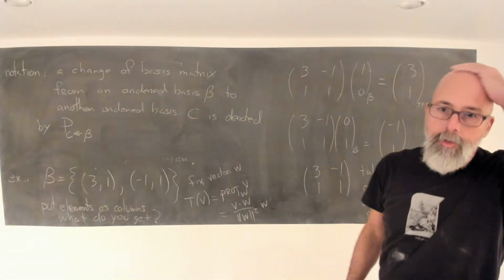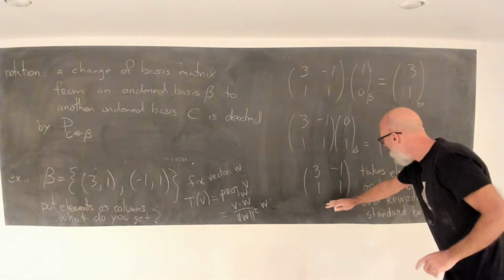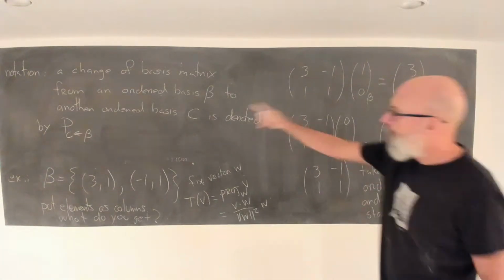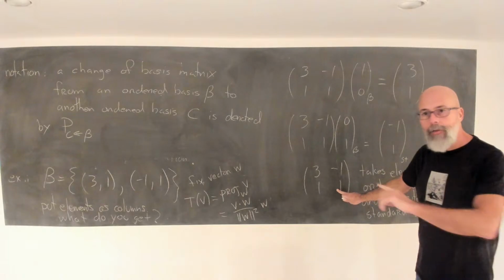Is this a linear transformation, taking elements from B to standard? It is, exactly. That's exactly what it does. So it's a change of basis from the basis B to the standard.